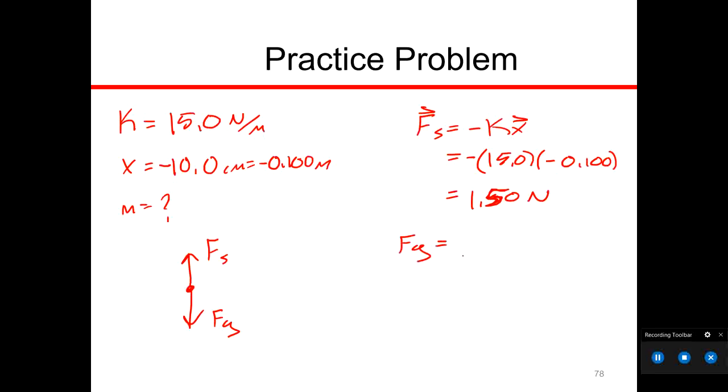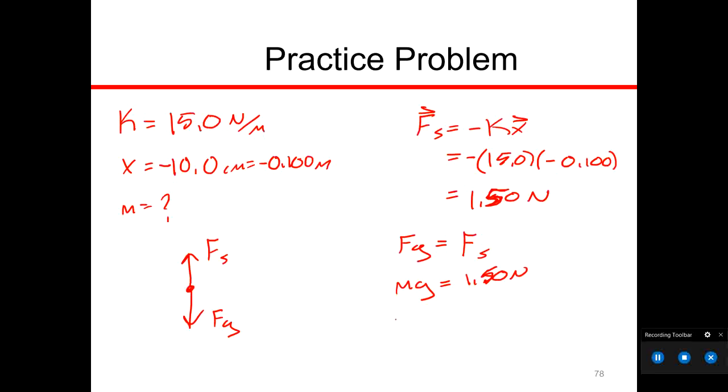We know that Fs is equal to Fg, because there's no net force, it's not moving. So here we get mass times gravity is equal to 1.50 newtons.